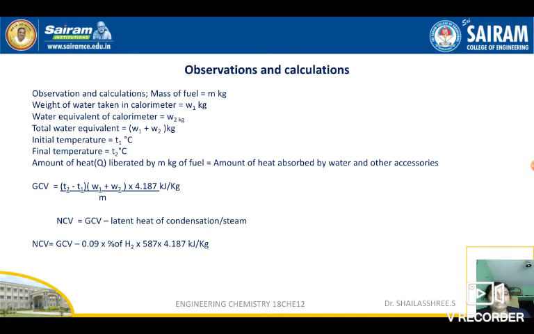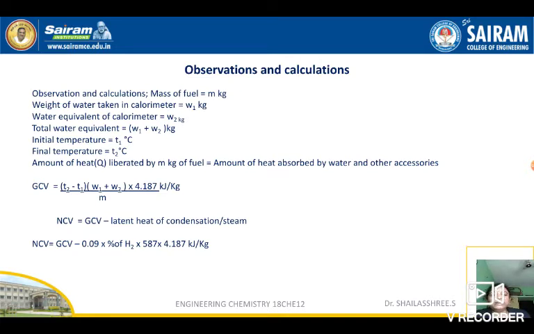In the observation and calculation part, you write: the mass of the fuel taken is m grams or m kilograms; the weight of the water taken in the calorimeter is W1; the water equivalent of the calorimeter is W2; and the total water equivalent is W1 plus W2 kg. The initial temperature of the water is T1 degrees centigrade, and the final temperature is T2 degrees centigrade.